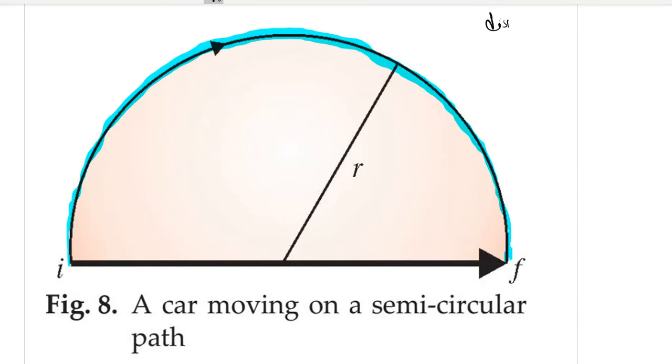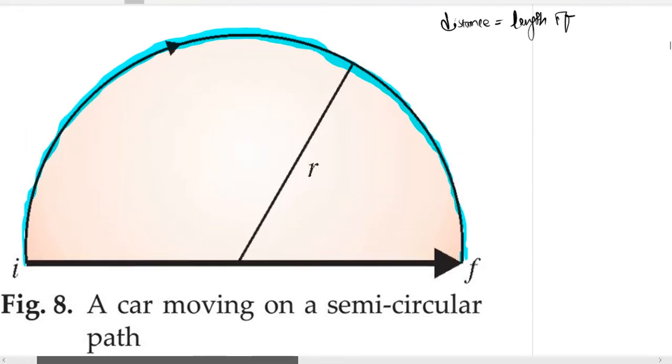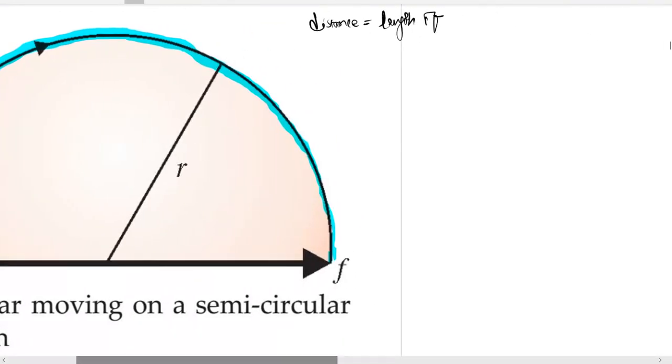So what is the distance in this case? Distance is the length of the semicircular arc.